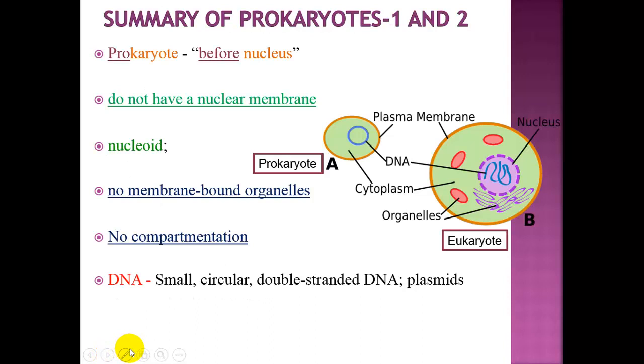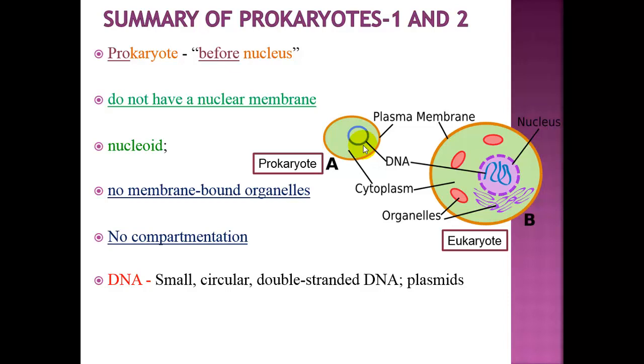As a recap, by definition, the word pro means before and karyote means nucleus. Prokaryotes are those organisms that existed before there was a nucleus. Therefore, these microorganisms do not have a nuclear membrane surrounding their genetic material. Instead, the DNA is found in a region which is known as a nucleoid.